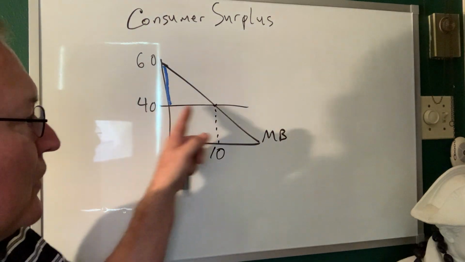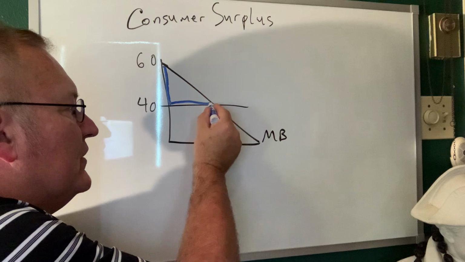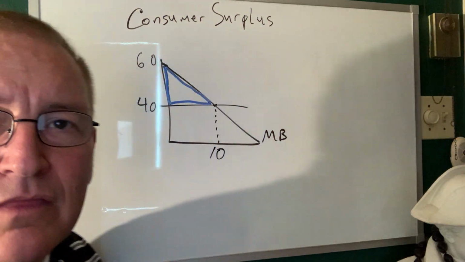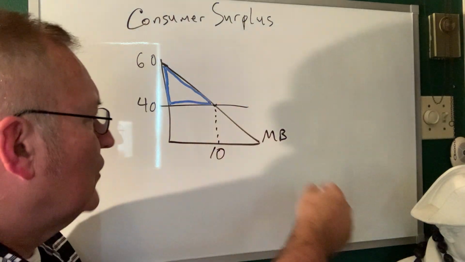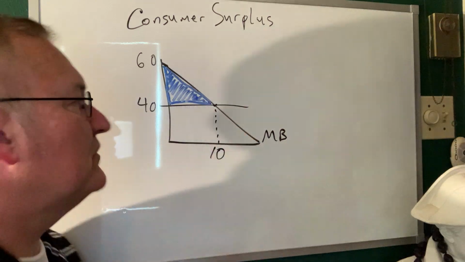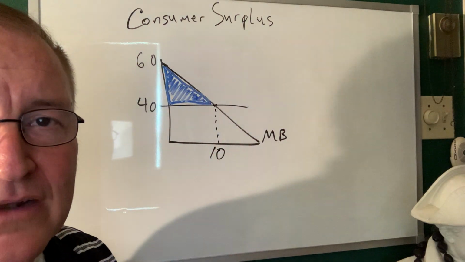At this price, we know what the quantity is going to be, and since we're talking about consumers, it's bound by the marginal benefit curve, and your total consumer surplus is simply going to be the area of that triangle.